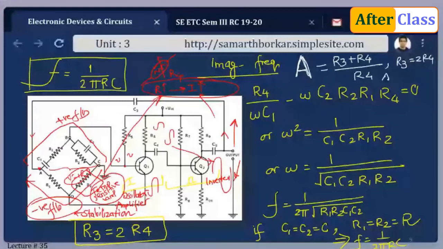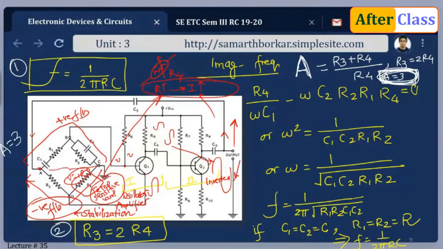So gain of the amplifier should be 3. Let me write here. This is the first expression. This is the second expression. And A has to be equal to 3 minimum. Okay. Now the above corresponds with the feedback network, and attenuation should be how much? If A is 3, then attenuation beta should be 1 by 3.